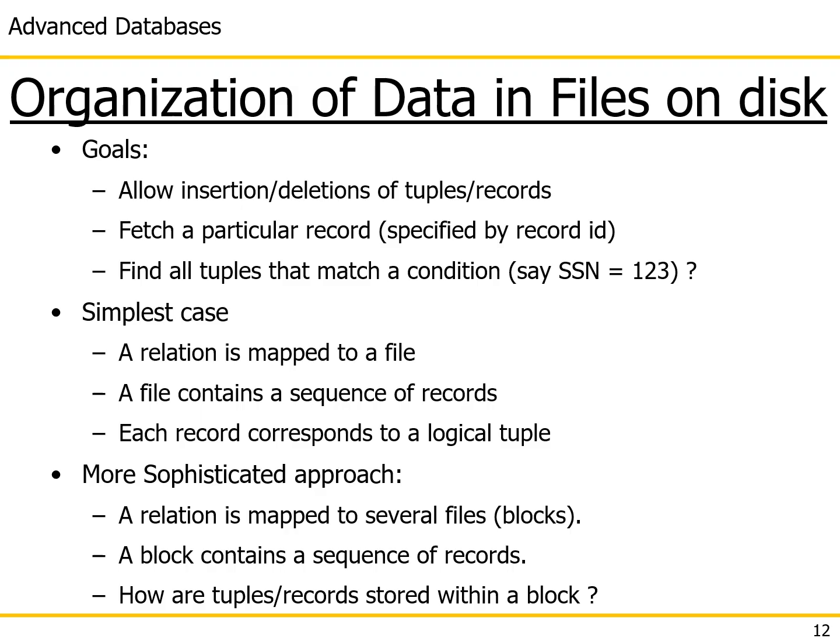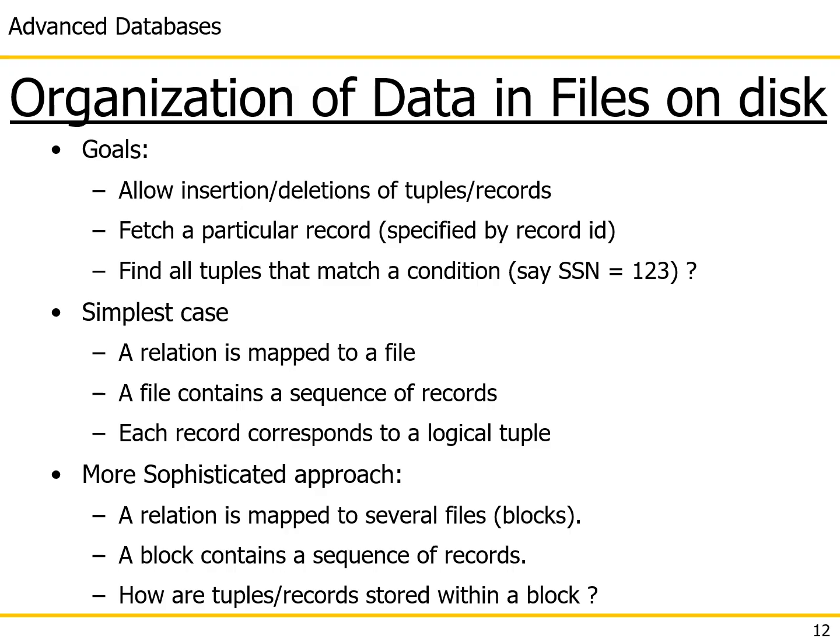Let's say you have 100,000 rows in a table, and you decide to store this table using 5 pages or 5 files. So you would store every 20,000 in a page or in a file or in a block. It means the same thing, okay?